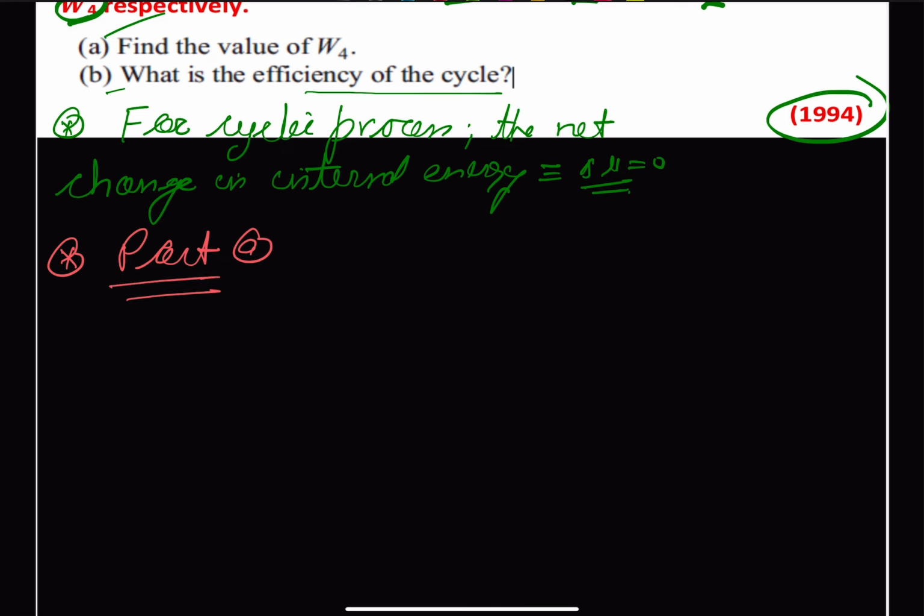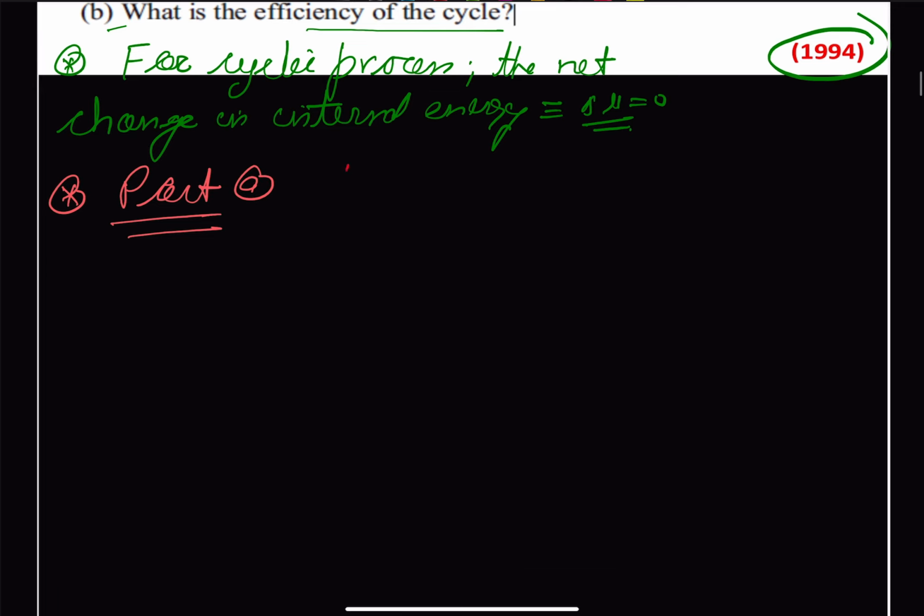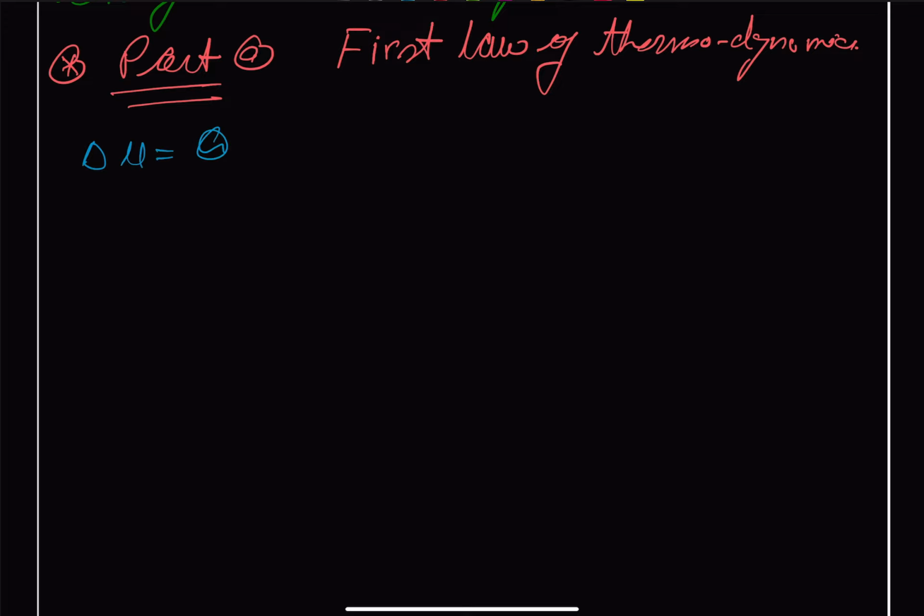From the first law of thermodynamics, we know that delta U is equal to Q minus W. Delta U is 0, therefore we can say that Q should be equal to the work done.